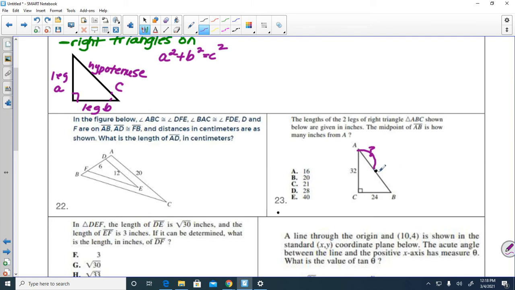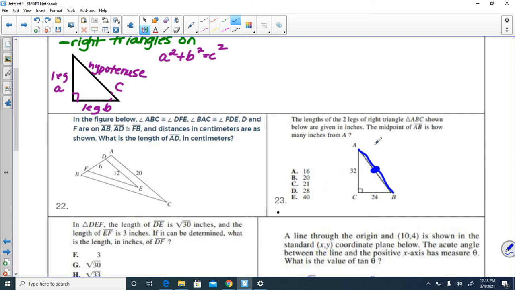Well, midpoint is halfway, so if I can find the entire length of AB, then I'll be able to figure out how far the midpoint is away. Okay, so let's find AB.